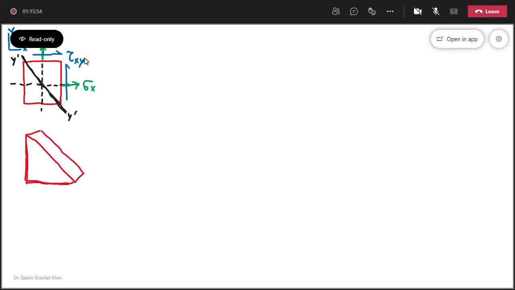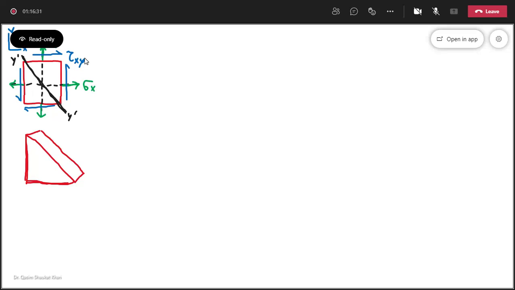So I'm drawing this part now. This is your normal stress. These are your complementary normal stresses, and these are your complementary shear stresses. So when I have cut this section from here, along the y dash axis, I will get this.